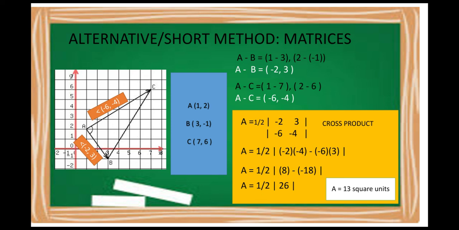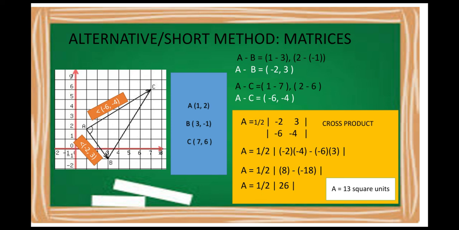So this is the shortest method in finding the area of a triangle given vertices by using the 2 by 2 matrices. You will just have to choose 2 points and get the vectors, and proceed to the 2 by 2 matrix and perform the cross product.